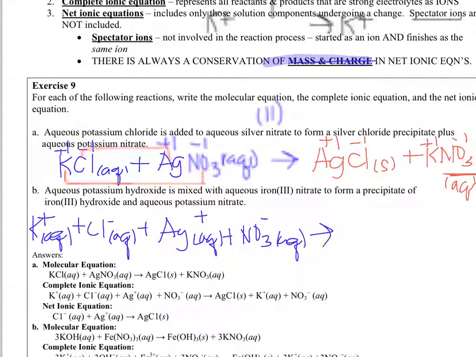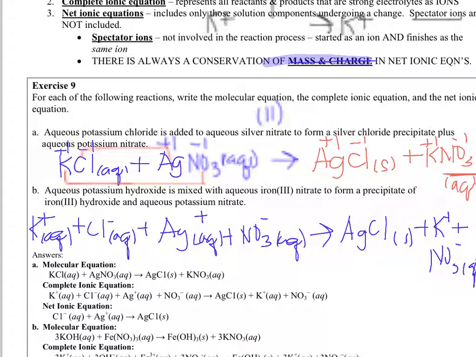And then over on my product side, I know that the silver chloride forms that solid, so AgCl solid. And I still have potassium ions and nitrate ions, I'm out of space there. And both of those ions are in the aqueous form. I don't have a ton of space, but those have an AQ next to them.